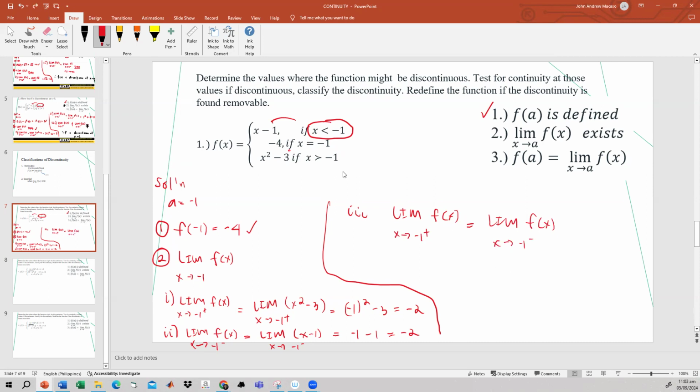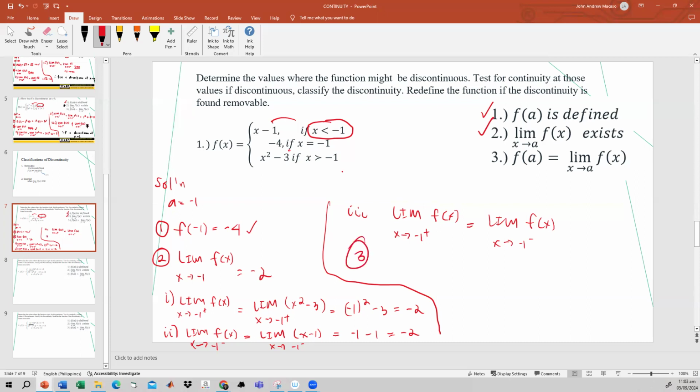Yes, of course, because -2 is the value for the right side limit and -2 as well for the left side limit. So it satisfies the third condition for the two-sided limit. It means the limit exists and the limit is equal to -2. So the second condition for continuity is being satisfied.